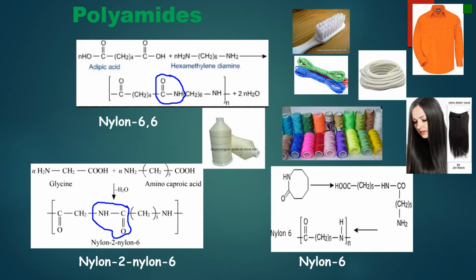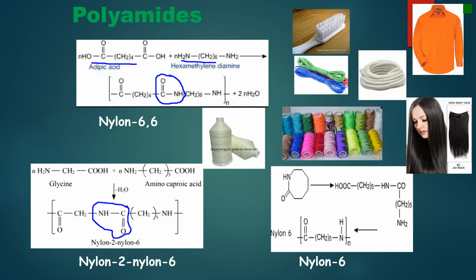So the common examples of polyamides are synthetic nylons. Nylon is a polyamide that results from the combination of dicarboxylic acid and diamine.